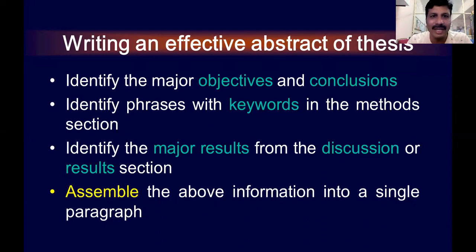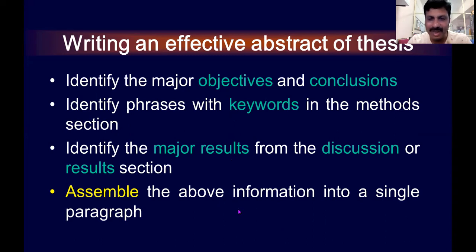You will identify the major objectives and conclusions, identify the phrases with keywords in the method section, so you partly mention the major methodology followed, and identify the major results and discussions from the result section. Assemble the above information into a single paragraph. The whole thesis has to be brought into a single paragraph of about 250 or 300 words. That is the abstract.